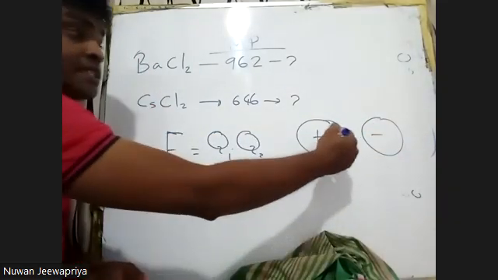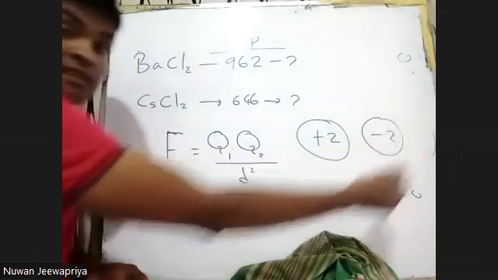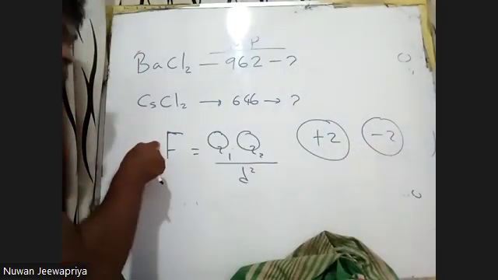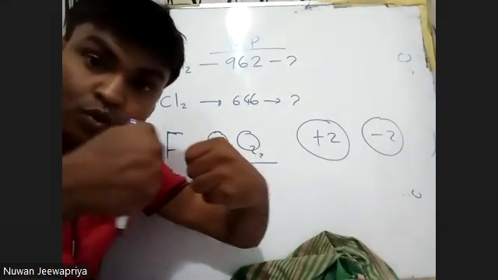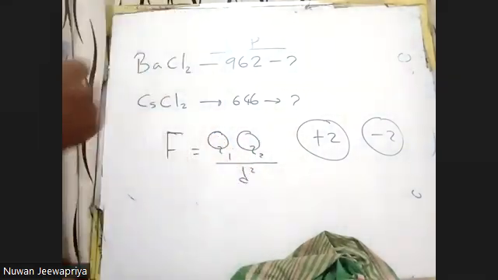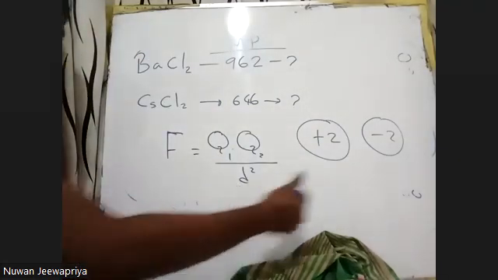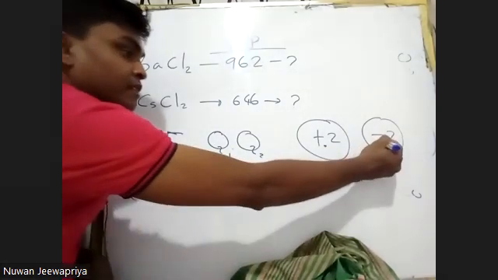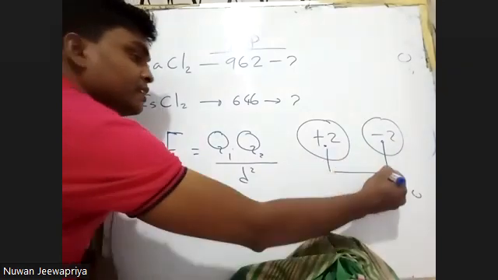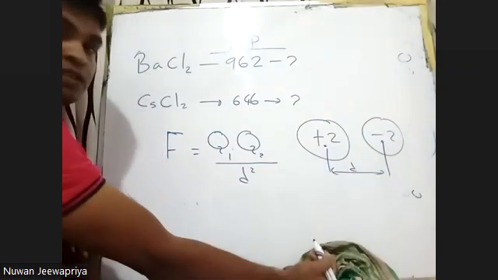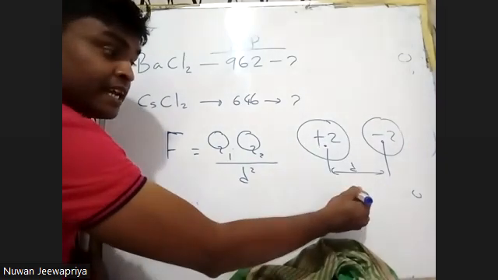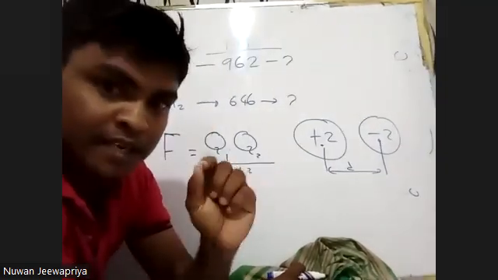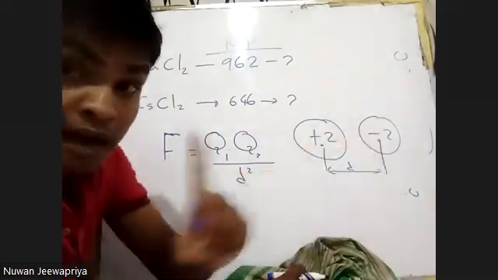When the charges are greater, F is high. That means higher charges make strong attraction. And the D is the distance between the two nuclei, right? The distance between the two nuclei. If the distance, I mean the radius, ionic radius, not the atomic radius, no atoms there, ions there.